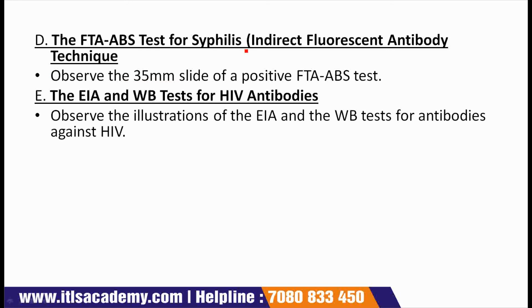Next is the EIA or immunoassay and WB or Western blot test for HIV antibodies. For this test, observe the illustrations of the immunoassay and the Western blot test for antibodies against HIV.